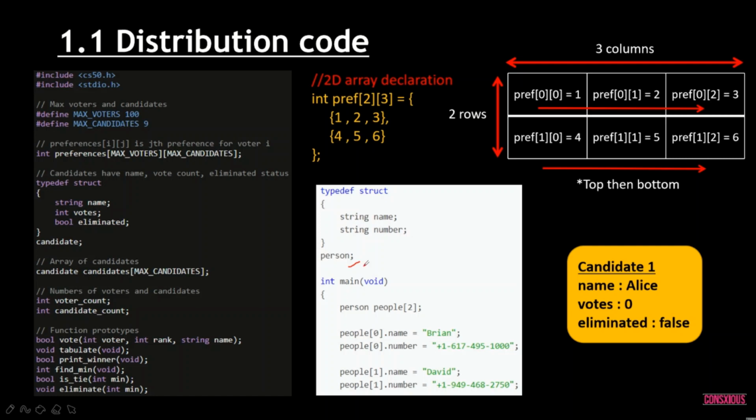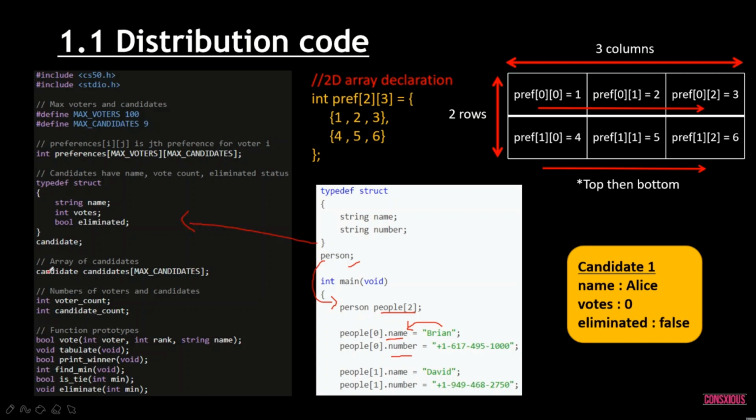This is basically just put here, and this is the size of the struct. Then to assign the data, we just add .name, .number, and put what we're going to assign here. It's going to be the same thing for this.